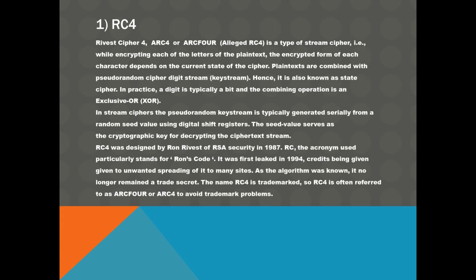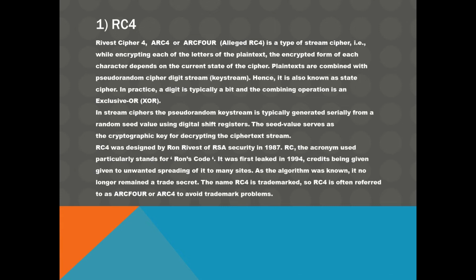That is where RC4 comes in handy, and basically it is very secure because the plain text is encrypted based on the randomly generated digits which are actually dependent on the present state of the cipher. That is why it is also known as a state cipher.